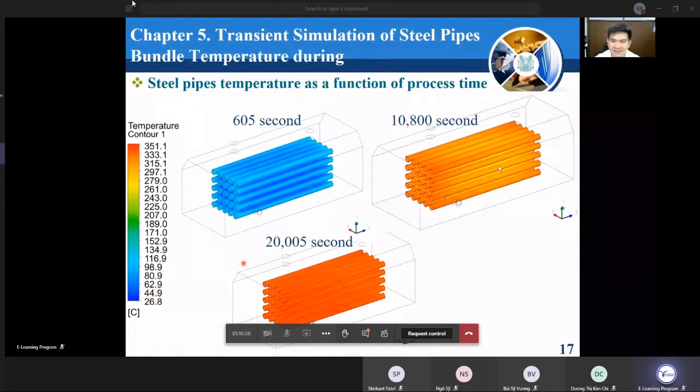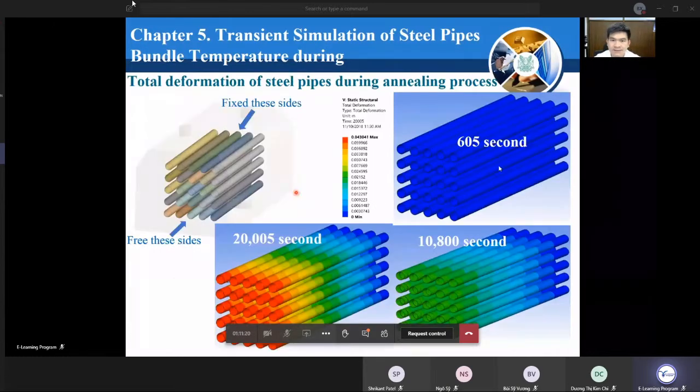But at around 10,800 seconds, the temperature has increased much more. It's around 280 degrees Celsius, and finally, it increased to around 351 degrees Celsius.